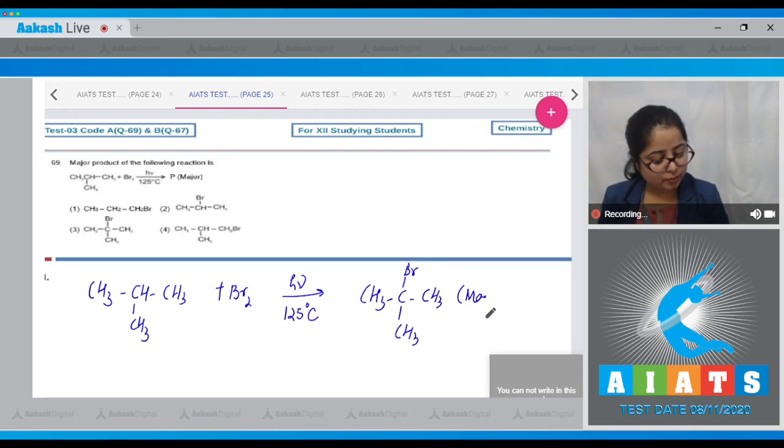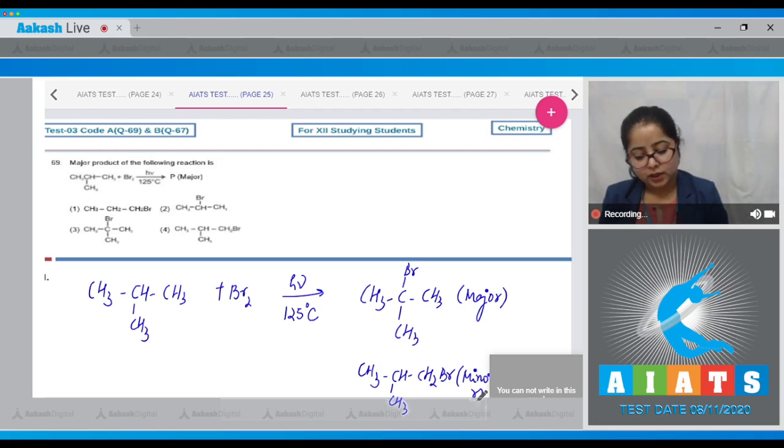This is the major product, and the other is CH3, CH, CH2Br, CH3. This will be the minor one. That means the major product formed is this. So the correct answer is option 3.